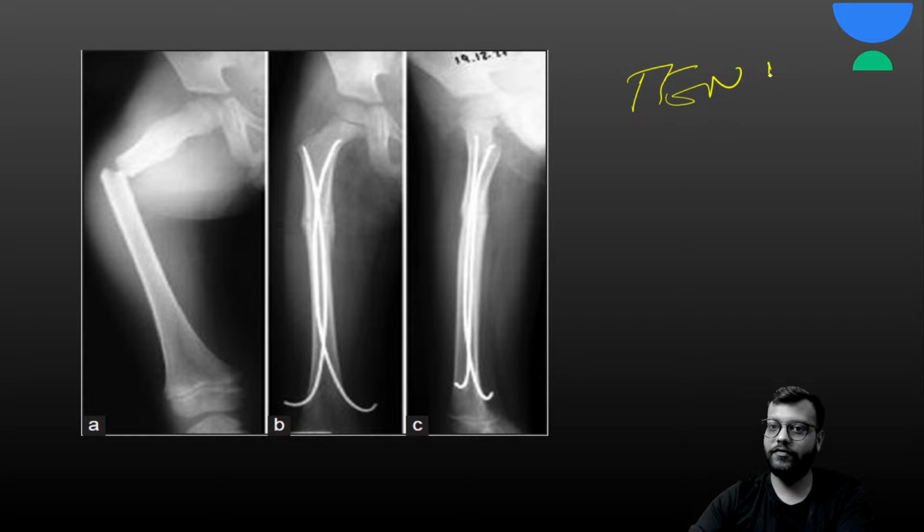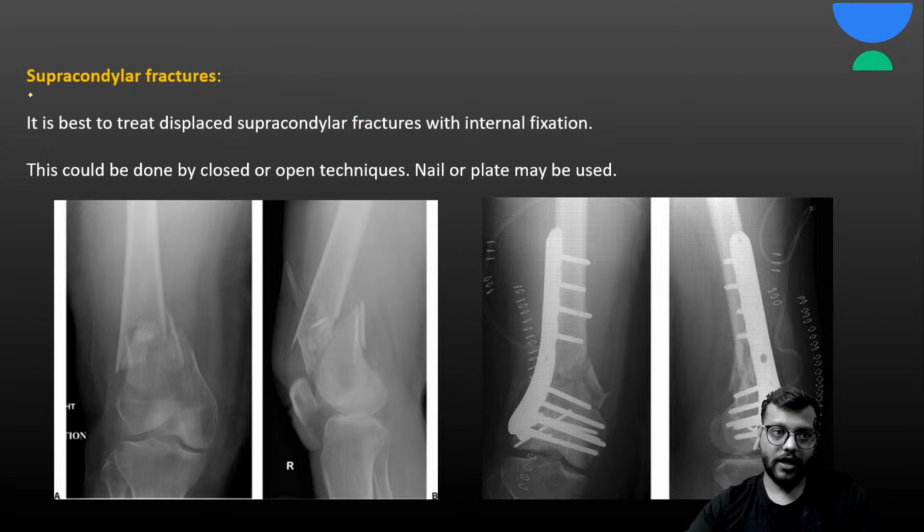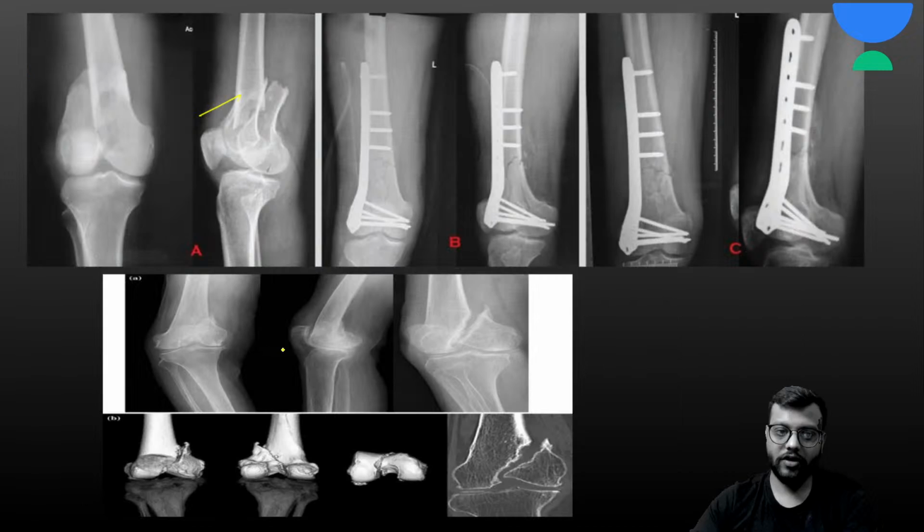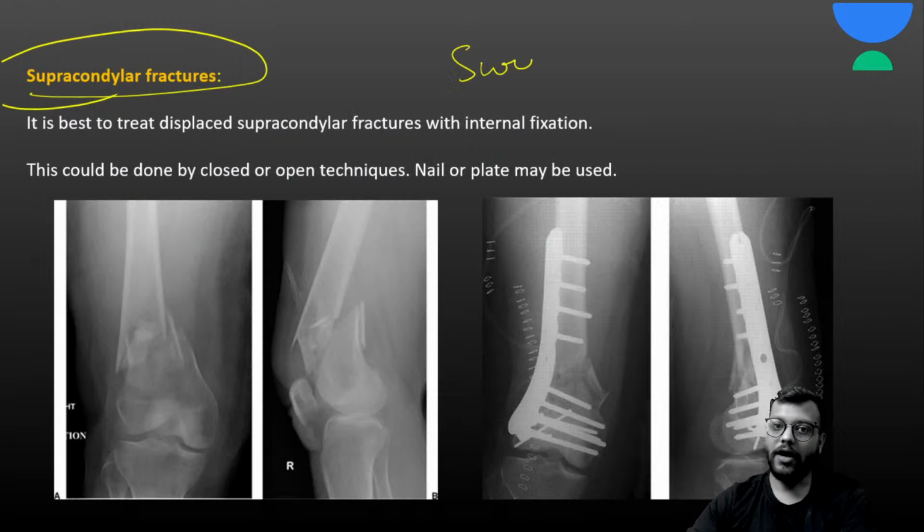Okay, and now in the femur you can have the supracondylar fractures above the condyle. You can have the unicondylar fracture, of the medial condyle or the lateral condyle, or you can also have the intercondylar fracture. And in all of them the treatment of choice is surgery by plating if they are displaced.